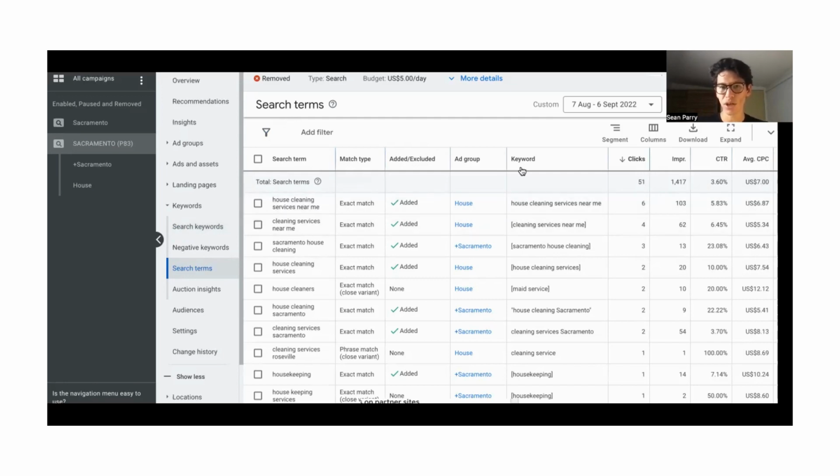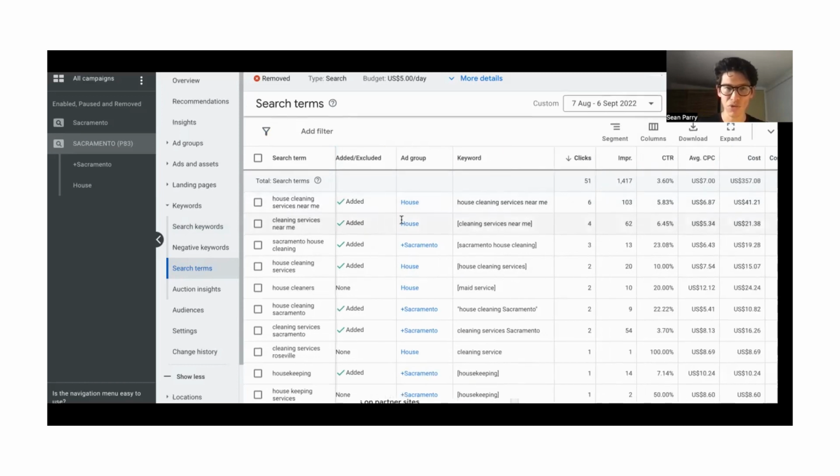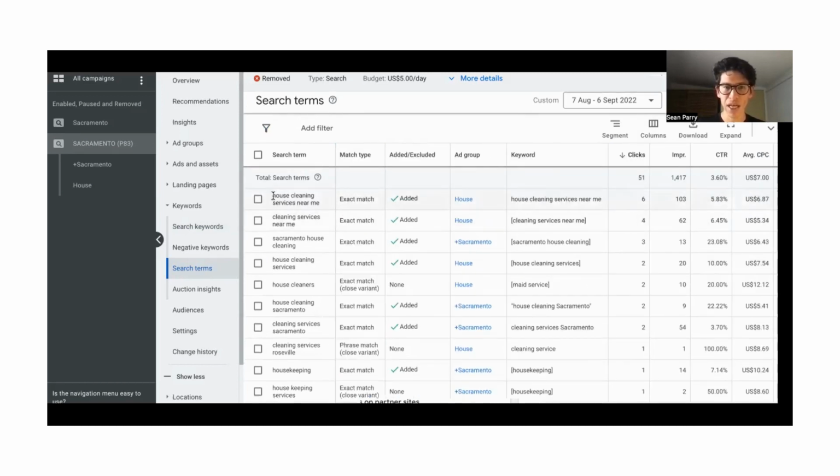So I've just ranked the search terms report here by the number of clicks. But as you look down this list, you can see and understand why our conversion rates are so high, that 36%. We've got some great search terms down here. House cleaning services near me, Sacramento house cleaning, house cleaners, house cleaning Sacramento.